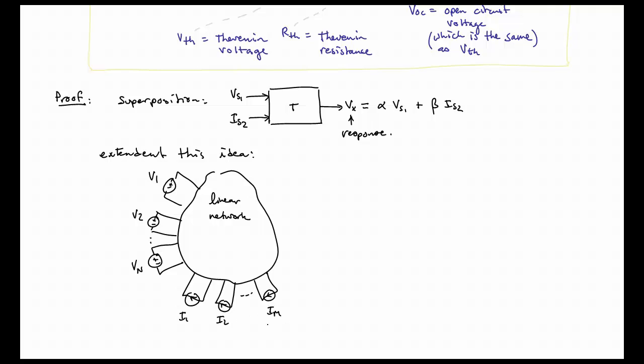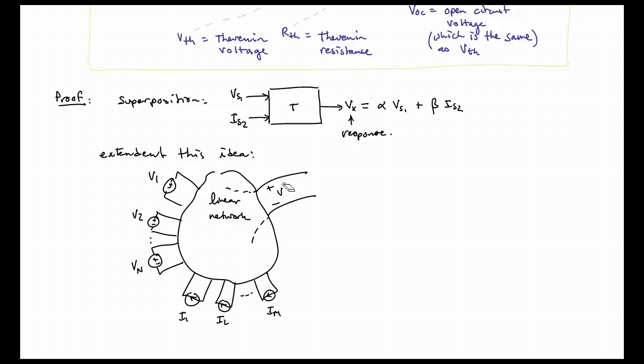So lots of independent sources driving the system, and we look at some response. We'll look at the output, a voltage Vx. Maybe this is the voltage across some internal resistor. It doesn't matter what it is, it's the voltage between two nodes in this linear network.